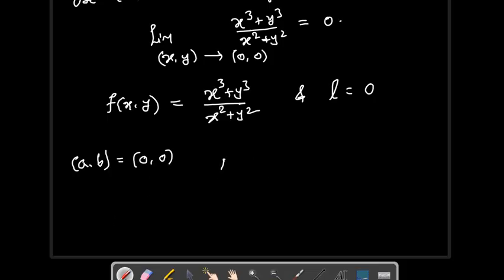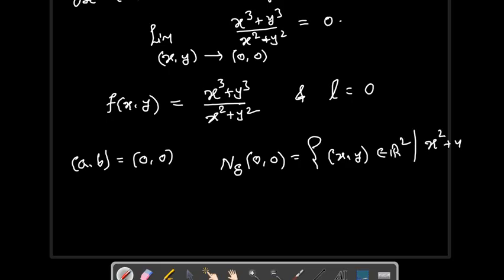Now if I look at the neighborhood N delta of 0 comma 0, it means all x comma y in R2 such that the square root of x square plus y square is less than delta. Why? Because the center is 0 comma 0, so I directly wrote it like this.